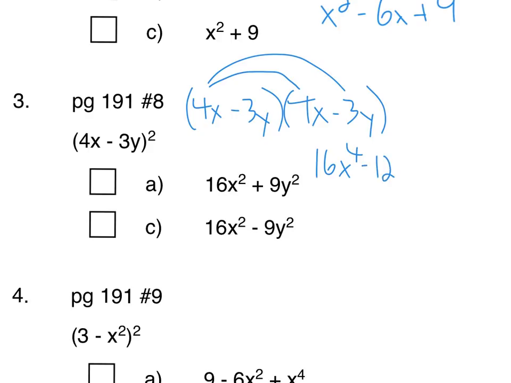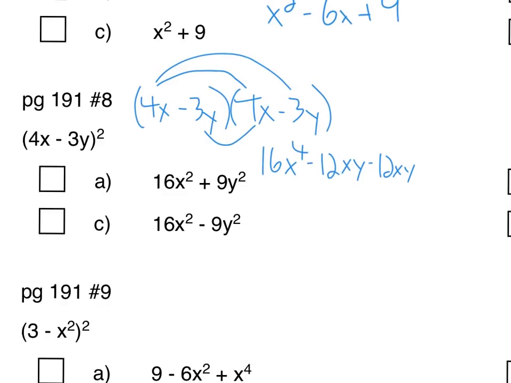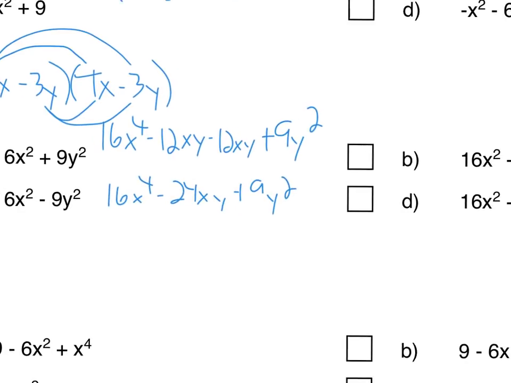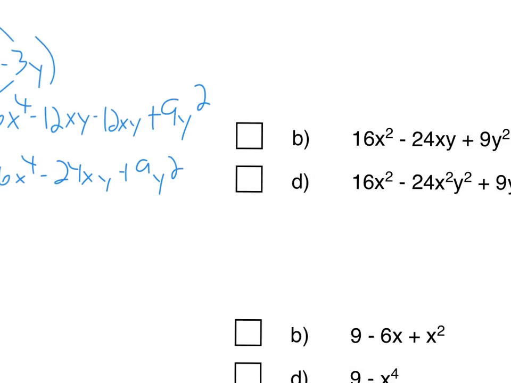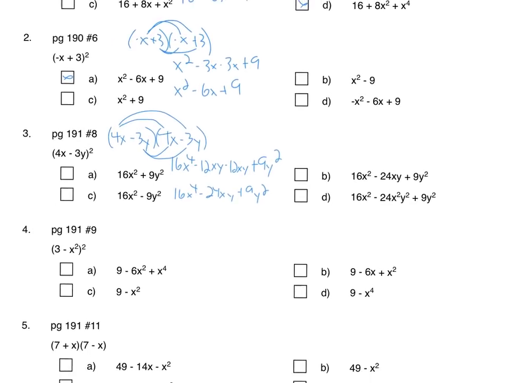And then x times y are not like variables, so we just get xy. In the middle we get the same thing. And then negative 3y times a negative 3y is a positive 9y squared. Combine our like terms in the middle, and we get a negative 24xy plus 9y squared, giving us an answer of B.